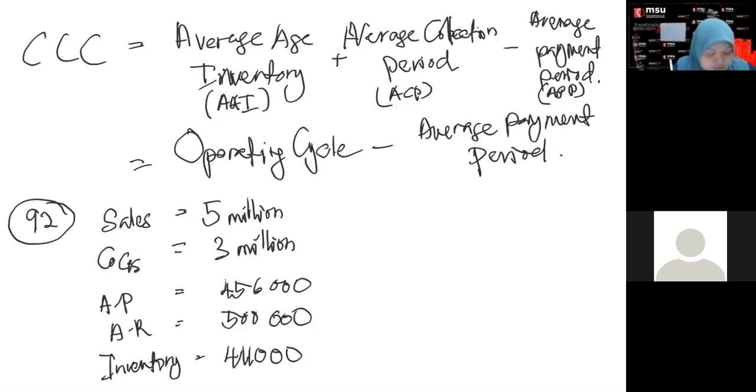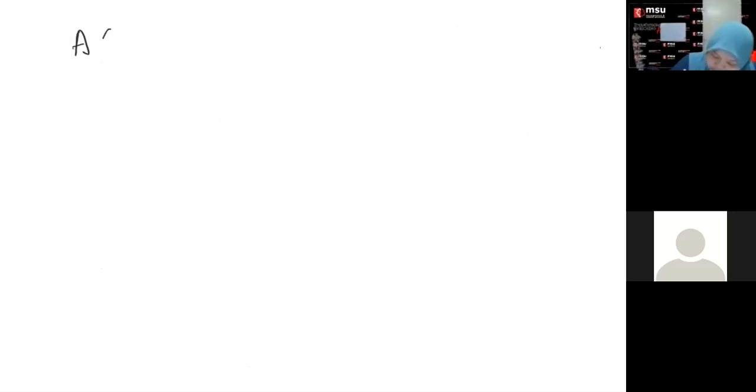So calculate the account receivable turnover. How do we calculate account receivable turnover?